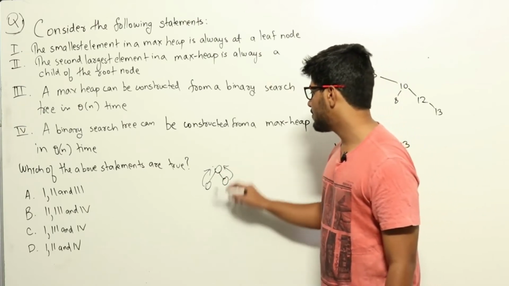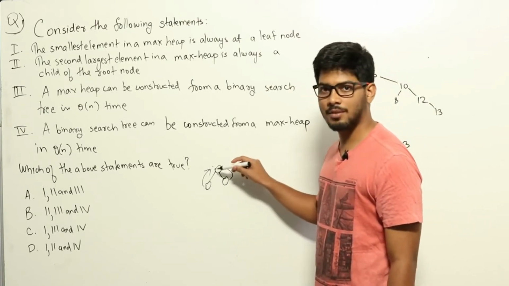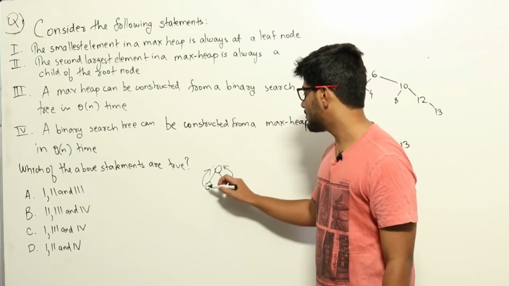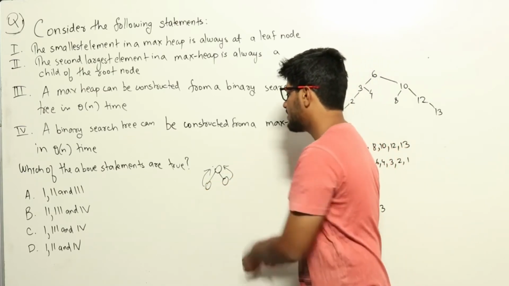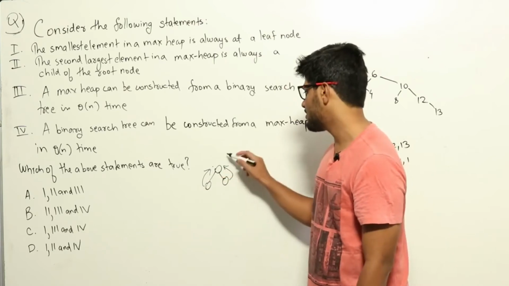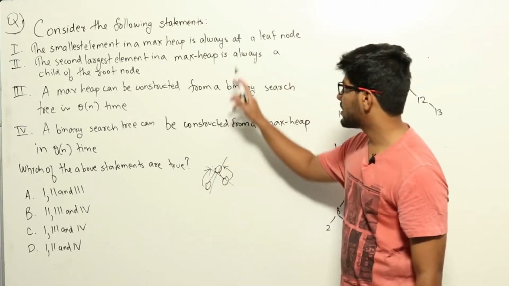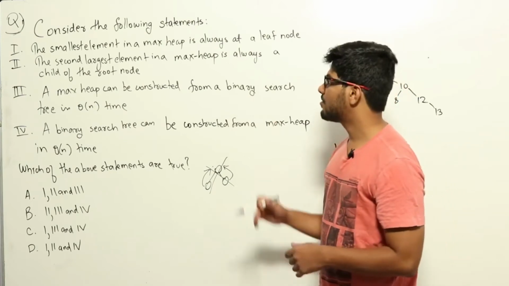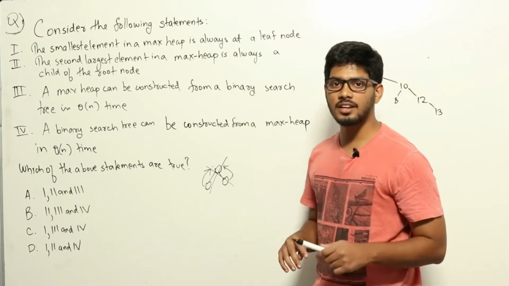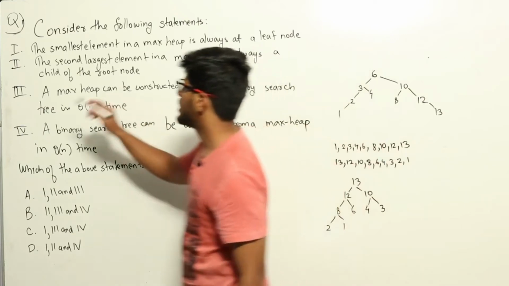But we know this is already the smallest element, so we can't find two elements smaller than this in order to make them its children. So this is never possible. The smallest element always has to be at a leaf node. So statement 1 is correct.